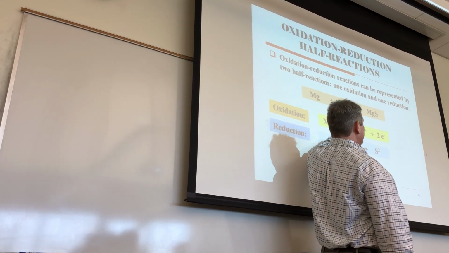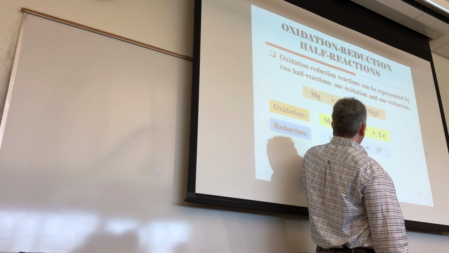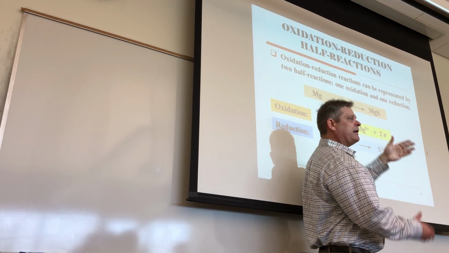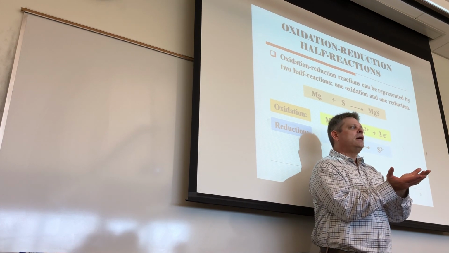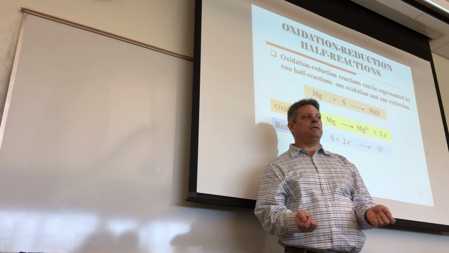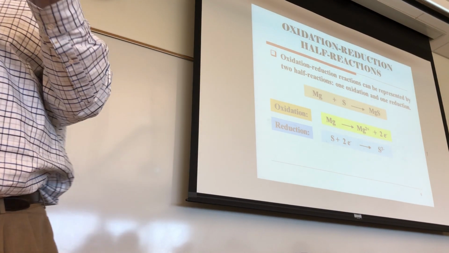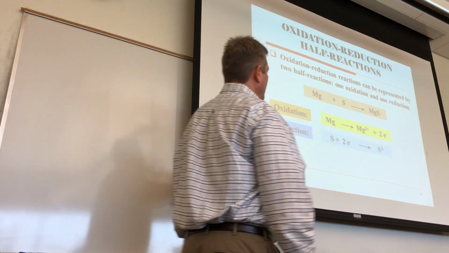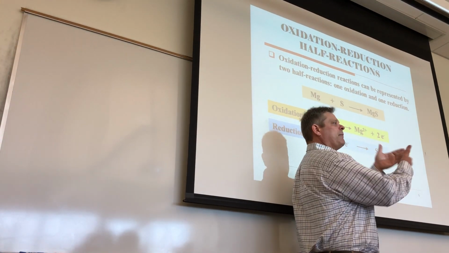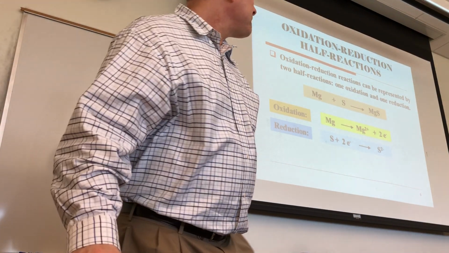In reality, this happens at the same time. This separation allows us not only to see what's happening in the overall reaction, but in a more complicated reaction, it helps us balance it appropriately. So we're separating them into half reactions, but that's not how it actually works. They're all happening together. Just keep that in perspective.